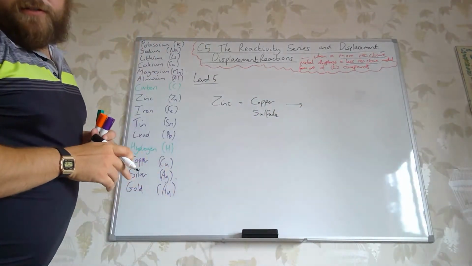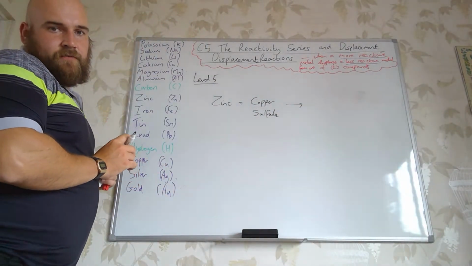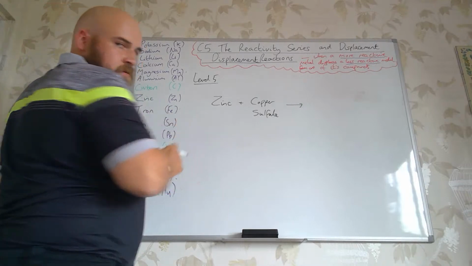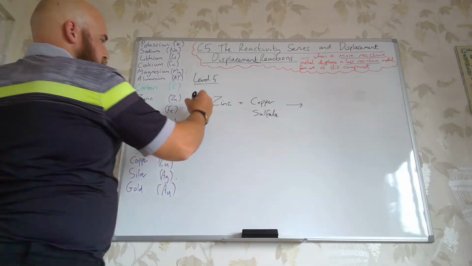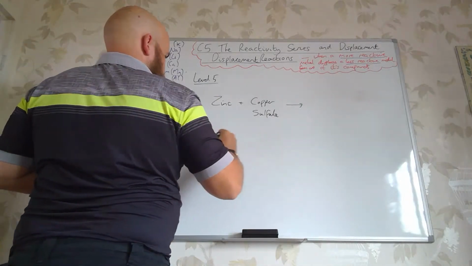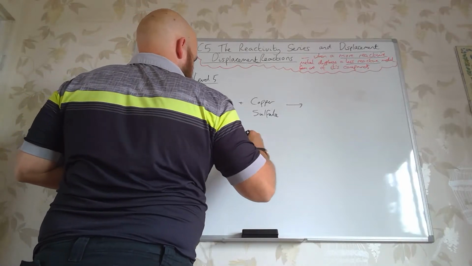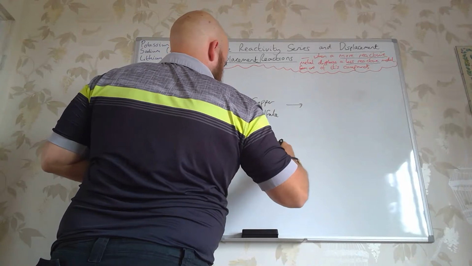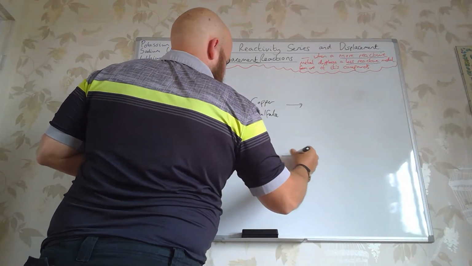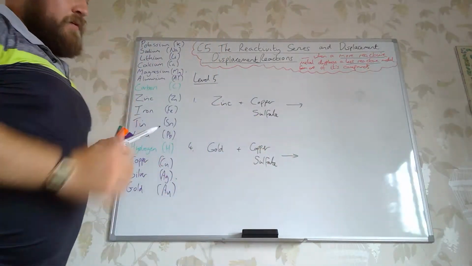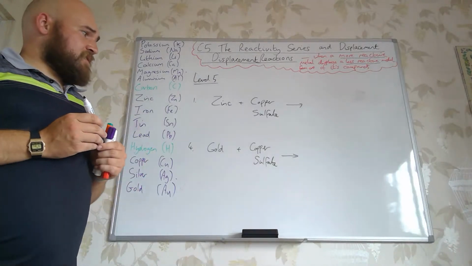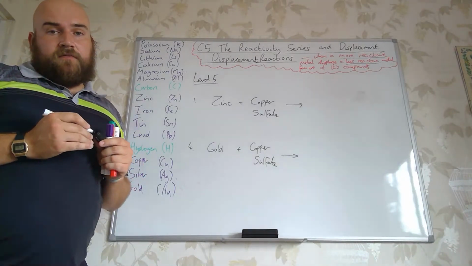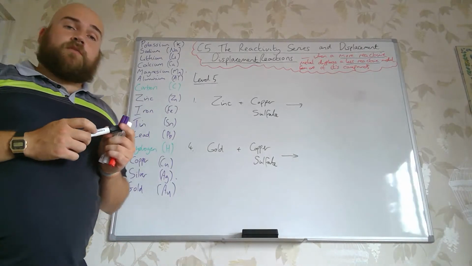And then we've got, let's choose a different one. Let's choose question 4, gold and copper sulfate. Okay, have a go at filling in the rest of those 2 equations. If you don't think a reaction is going to happen, just write the words no reaction.